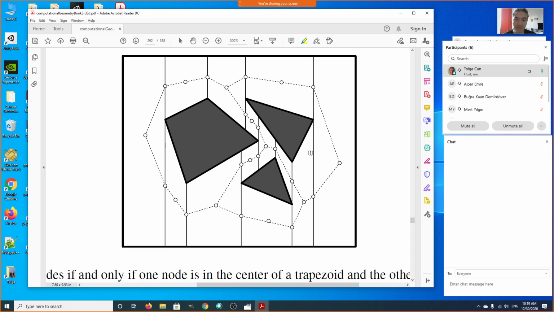Our goal will be to find, from a vertex of a polygon, which other vertex I can go to directly. We'll compute free line-of-sight vertices, which is called the visibility graph. We will compute the visibility graph next week. That's next week's topic.